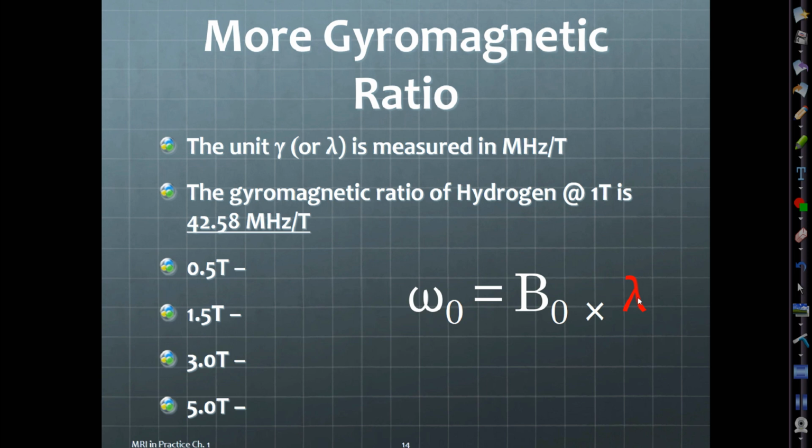And so if this is megahertz per Tesla, we cancel out that Tesla, and all we're left with is megahertz for our precessional frequency. So this is a constant, and you need to remember this number by heart. So the gyromagnetic ratio of hydrogen at 1 Tesla is 42.58 megahertz per Tesla. So you can round that up to, sometimes you'll see it in the book as 42.6, but make sure you know that number by heart. And remember, that's at 1 Tesla.